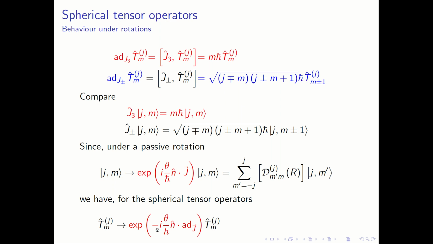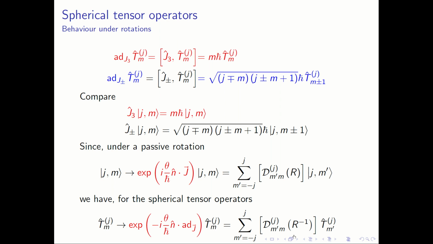The only difference here is one of a minus sign, which means this is an inverse of this operator in some sense. So, basically, the mathematics will completely mimic the case for states, and you will end up with d^j_{m′m}(R⁻¹) acting on T^j_{m′} times T^j_{m′}. The only difference here is you have the inverse rotation here rather than the R here.